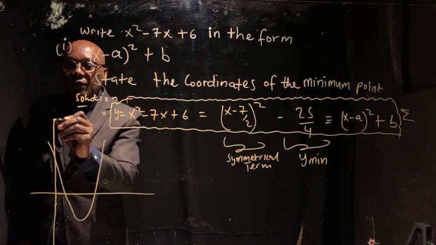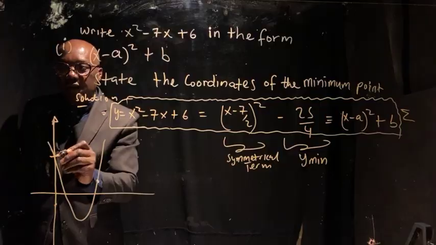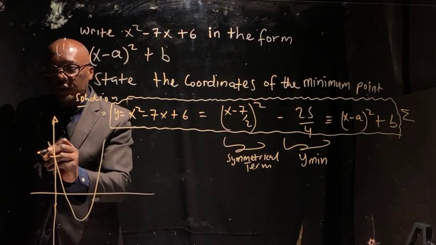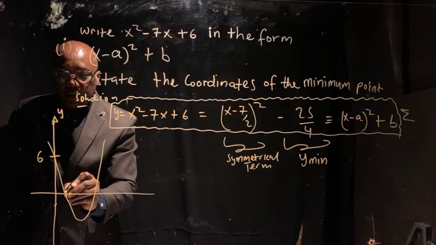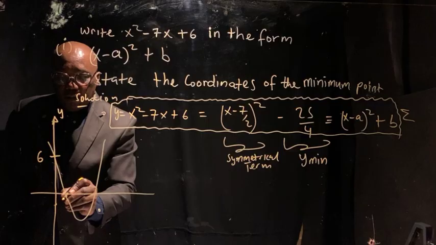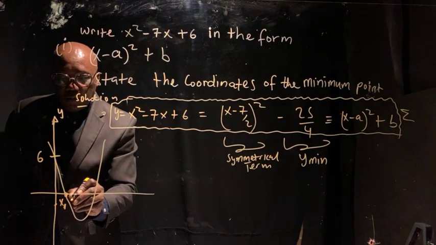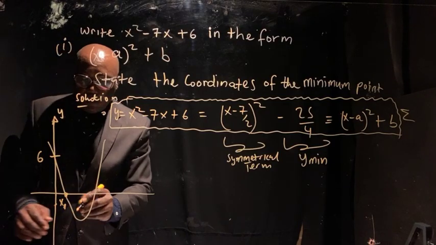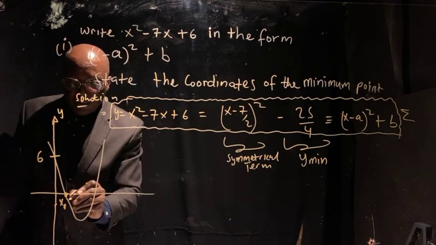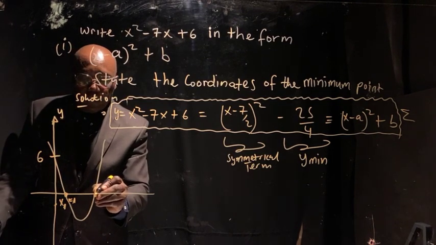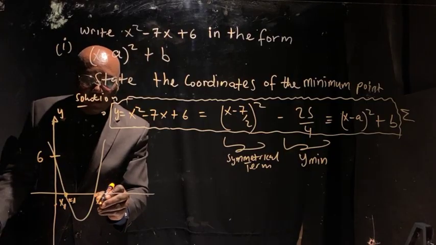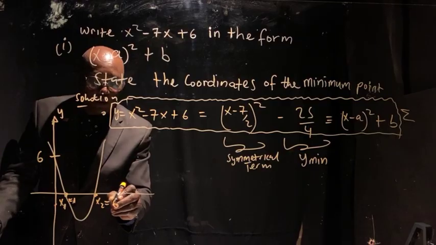Previously we found that the y-axis intercept was y equal to 6, and the x-axis intercepts were x1 equal to 1 and x2 equal to 6.